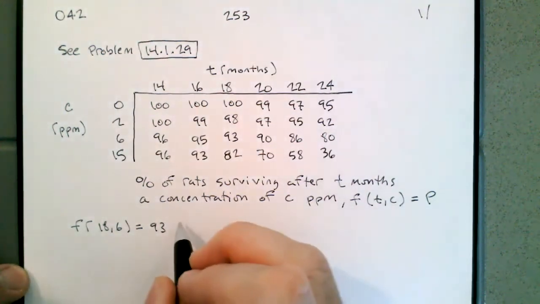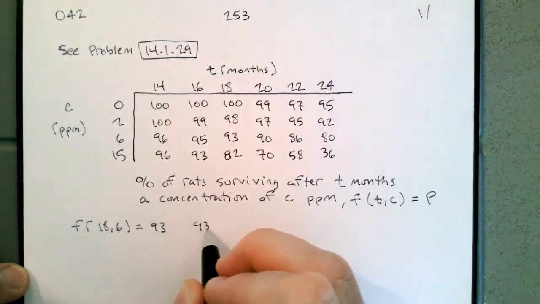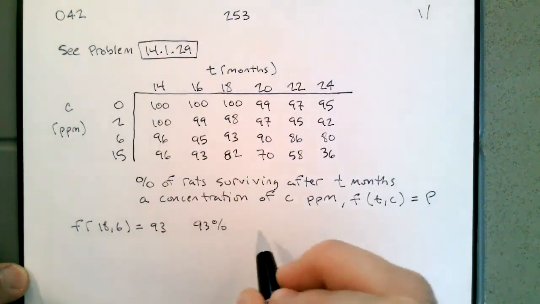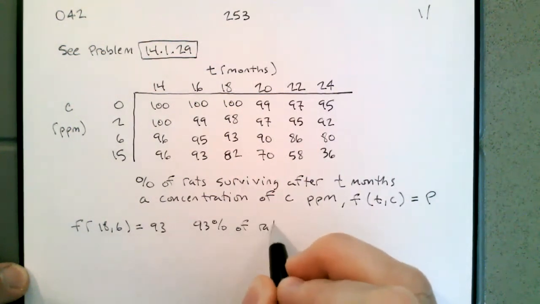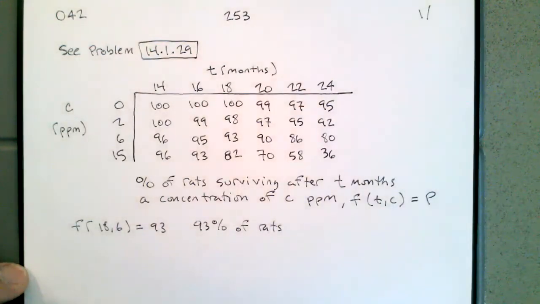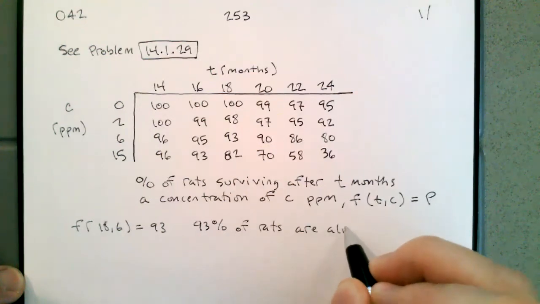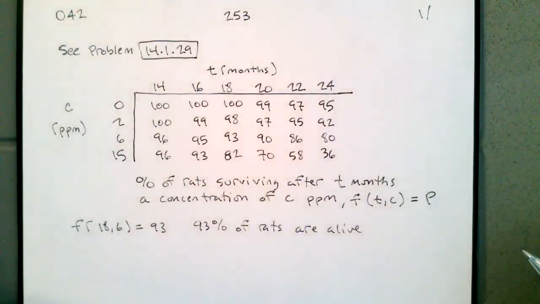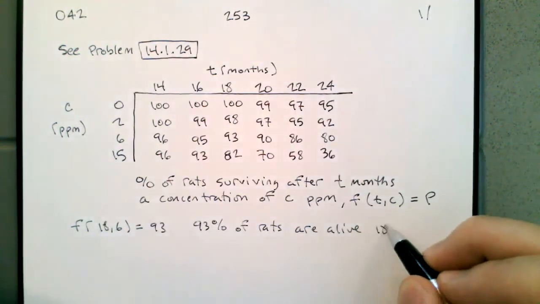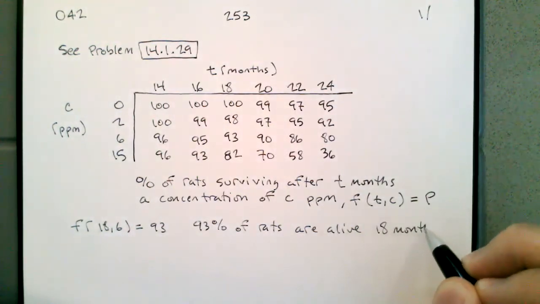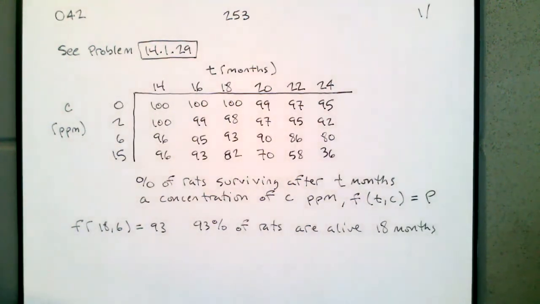So this says 93% of rats are still alive (18 months) after an exposure of 6 parts per million.